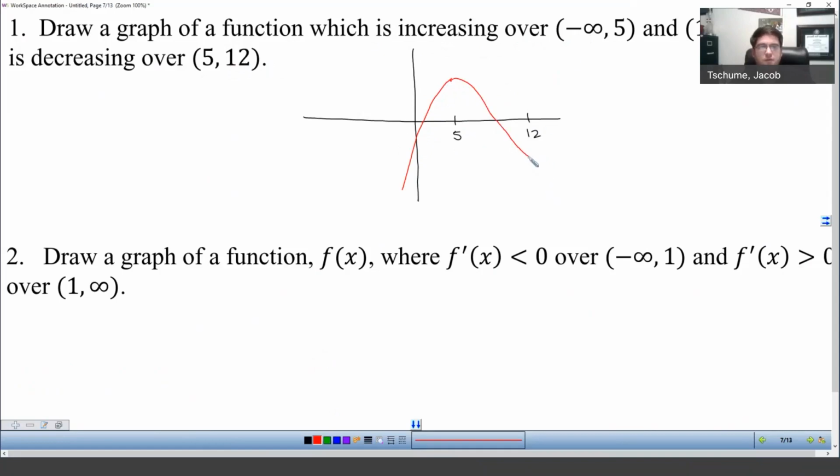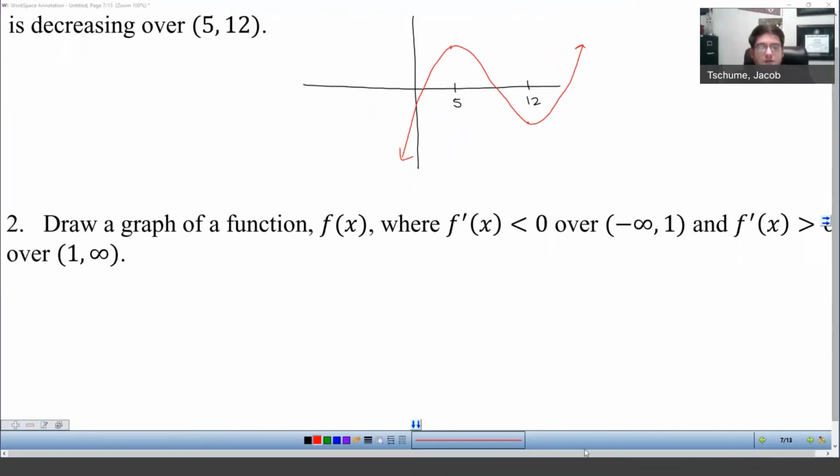And then from 12 to infinity, you will increase the rest of the way, and it will look something like this. This is one of many ways you could have drawn it. It doesn't have to look exactly like this, but once again, we're trying to get these interval definitions and be able to picture what they're telling us, because we're going to see a lot of words that describe graphs. We need to know approximately what these look like.